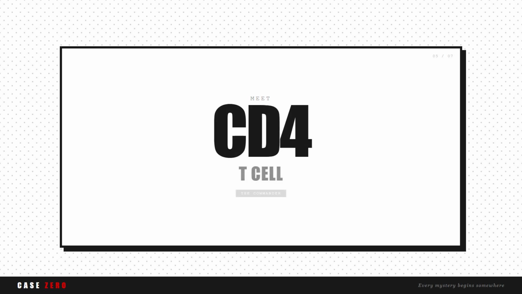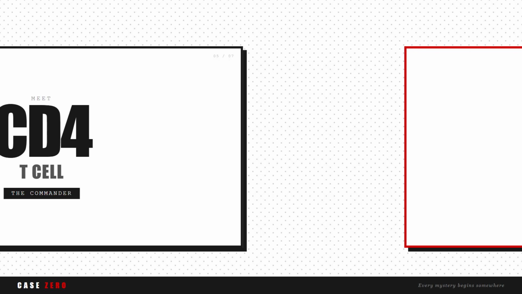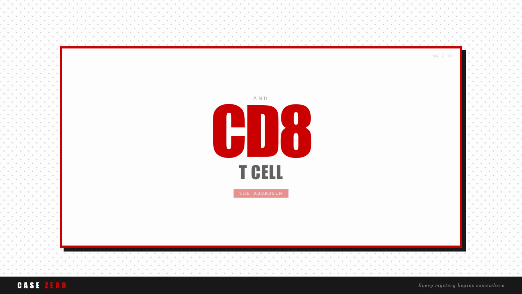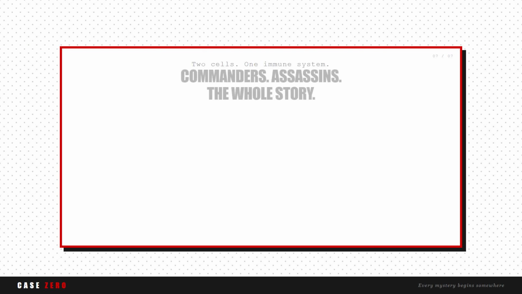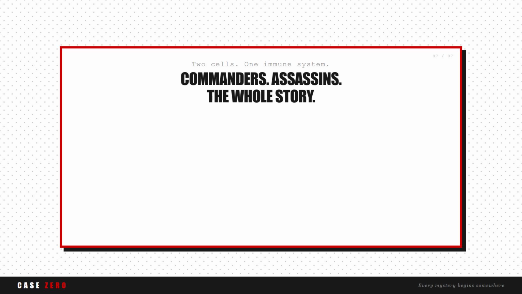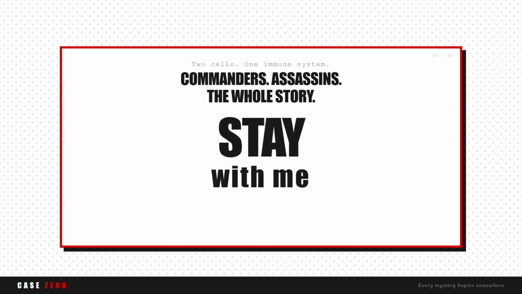These two populations coordinate and execute the adaptive immune response, the branch of immunity responsible for targeted, specific, and lasting protection. Understanding them is foundational to understanding infection, cancer, autoimmunity, and some of the most significant advances in modern medicine.